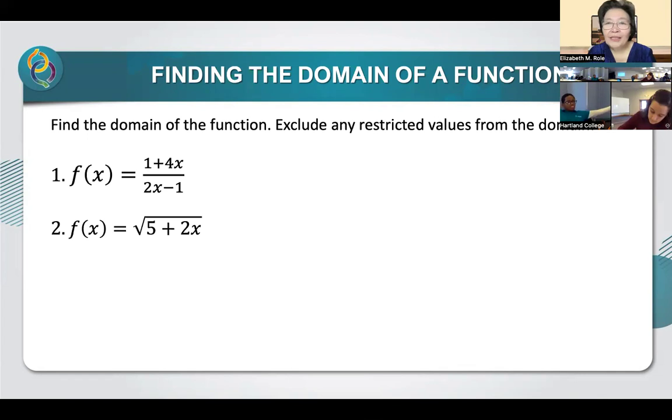We are now beginning with, we will still capture finding the domain of a function. All right, so what will be your domain for number 1? It seems that if it is a rational function, you should have a union, okay? So we're saying your x should not be equal to?